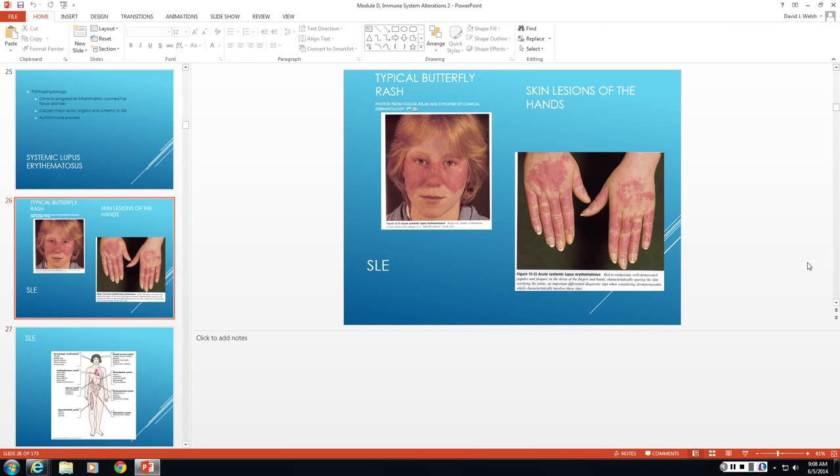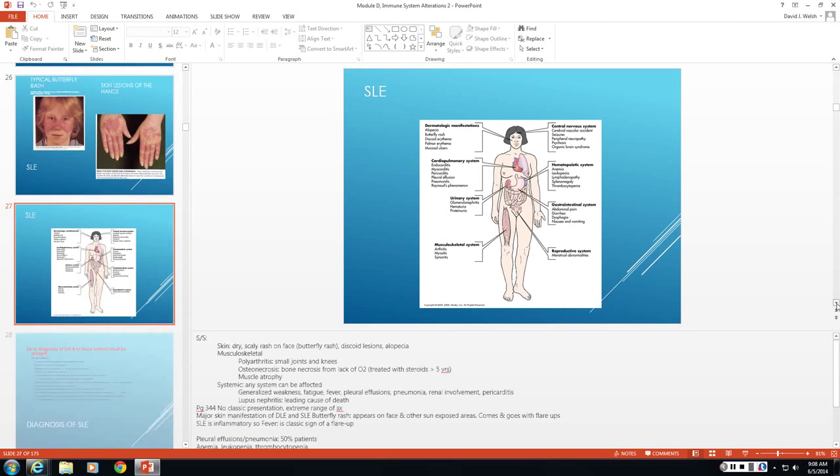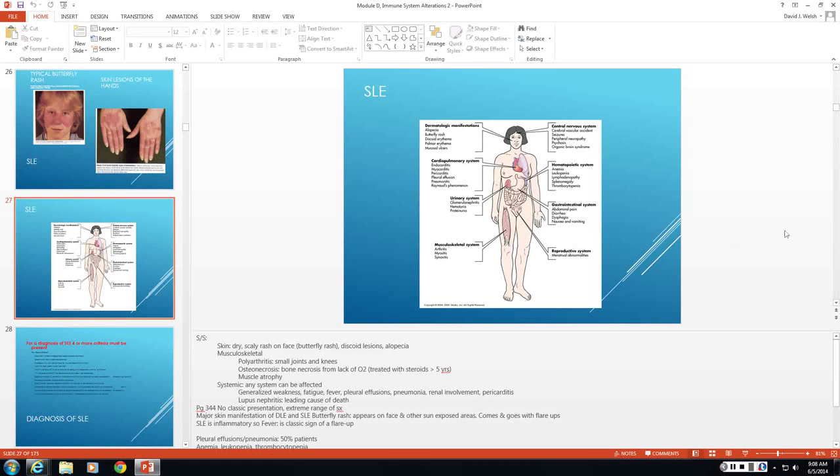You notice the butterfly rash on the face, also the skin lesions on the hands, the redness. These are all symptoms. Now, with signs and symptoms of the skin, they're going to have a dry, scaly rash on the face, like we talked about, the butterfly rash, discoid lesions, alopecia.